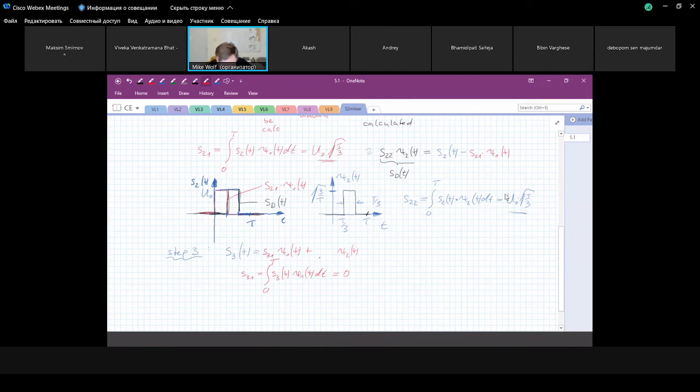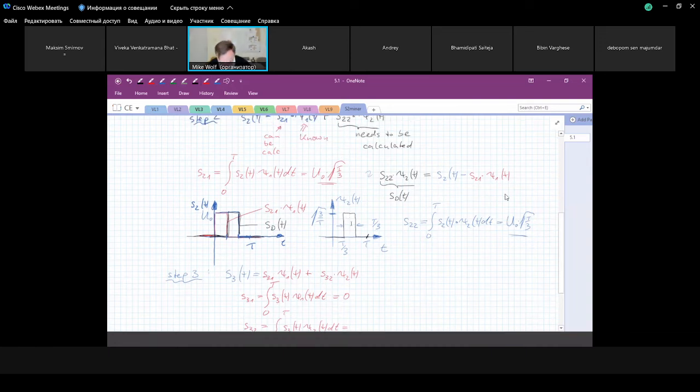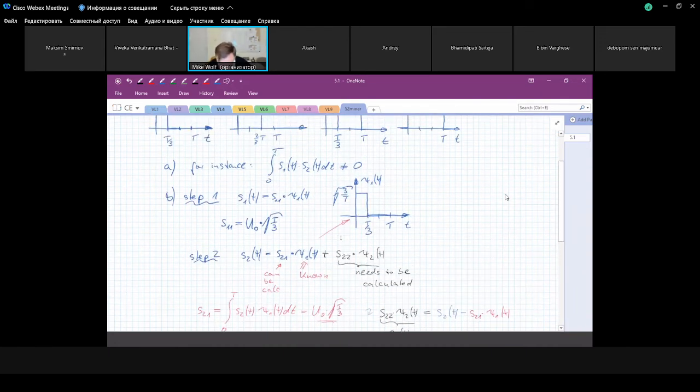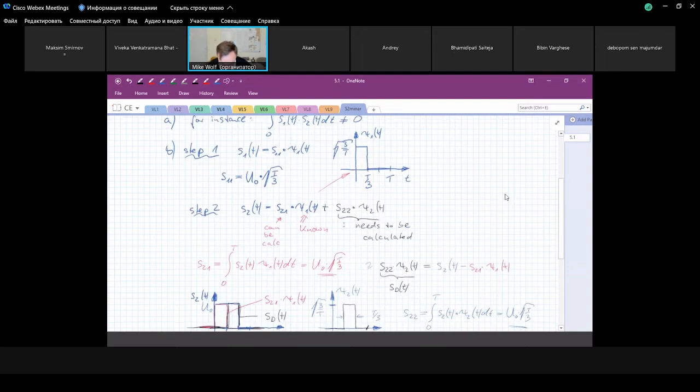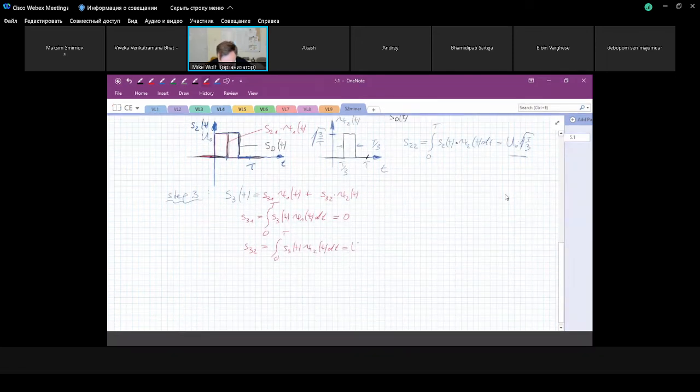And then we have already the second basis function. This is what we have, and it's the third signal, and we need a new weighting. This weighting S32 is equal to the integral of S3 of t times C2 of t dt. Here's the basis function. We multiply this with this signal, and again we get u naught times square root of 3 by t, and this amplitude is over a length of t by 3.